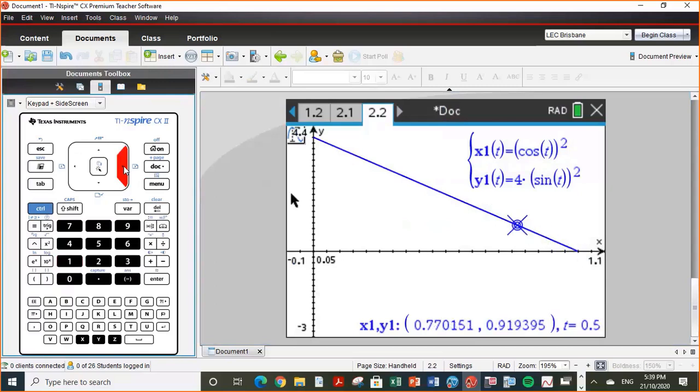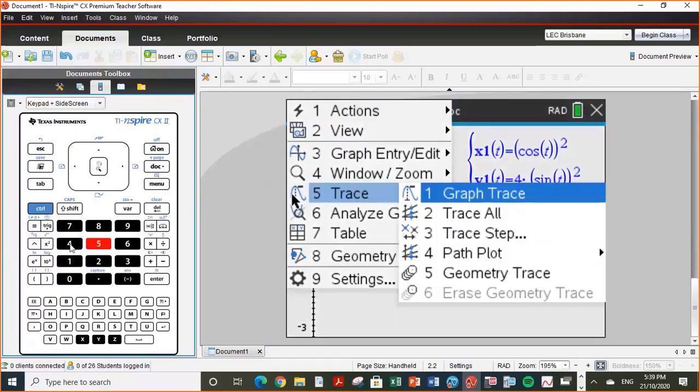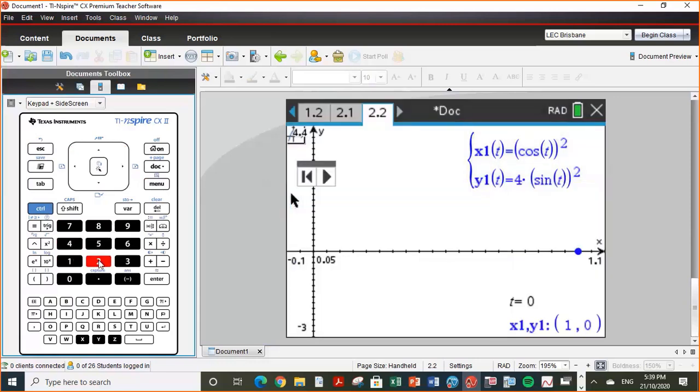Final little thing, we can be a bit more exciting, and we'll press menu and then trace. And we can go to number 4, which is path plot. We can choose parametric, and we can animate the path of the particle.